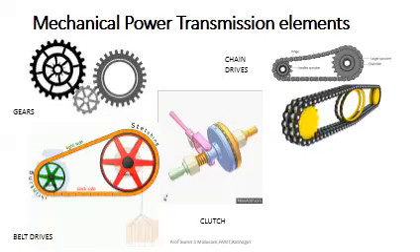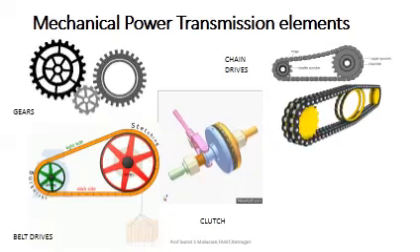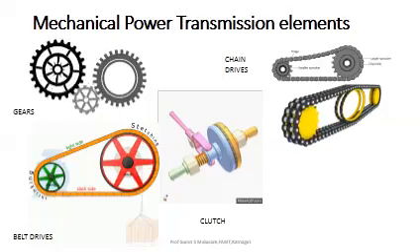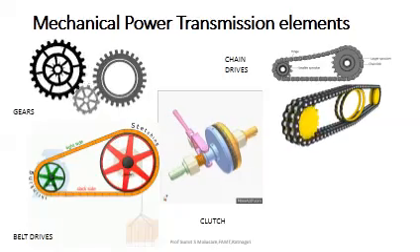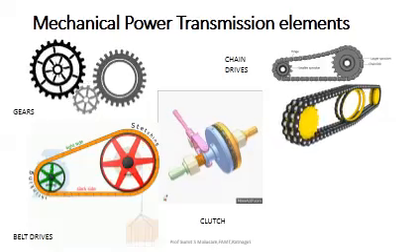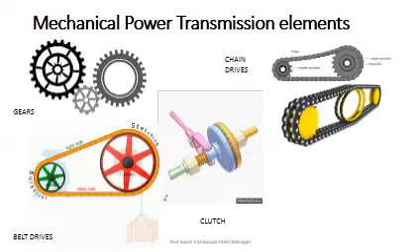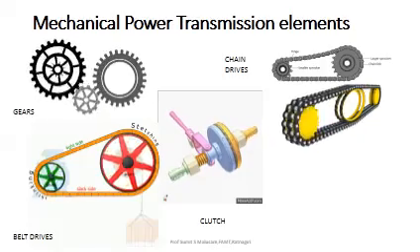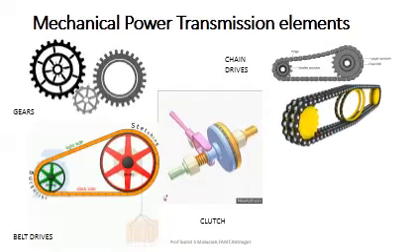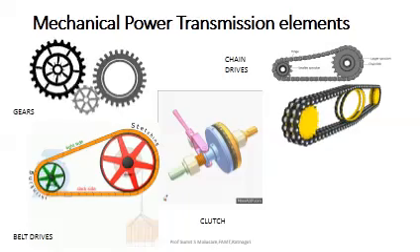But in case of belt drives or clutches, power is transmitted by means of frictional force or frictional torque generated by the two mating surfaces. So there may be chances of slipping between the two surfaces if there is frictional surface loss, or if there is overloading. It means that the output RPM may not be fixed.